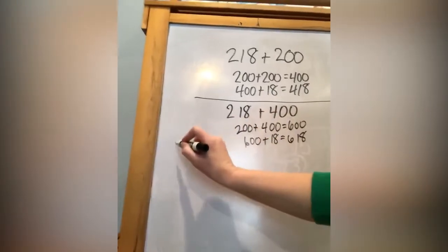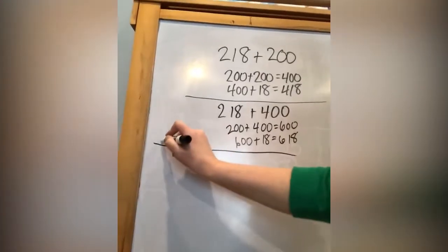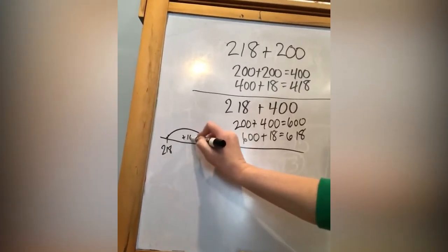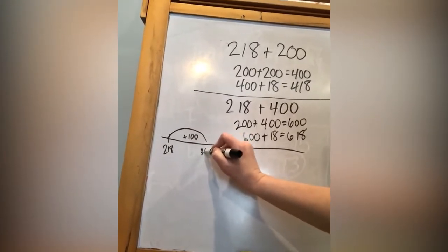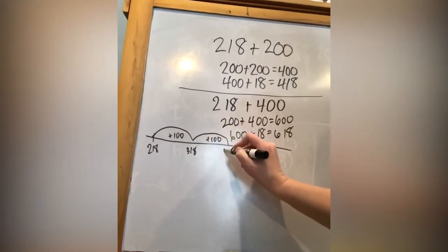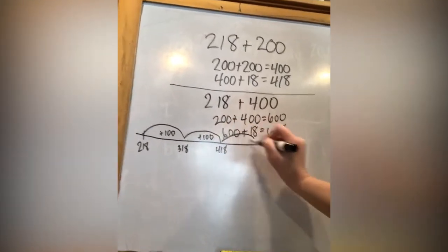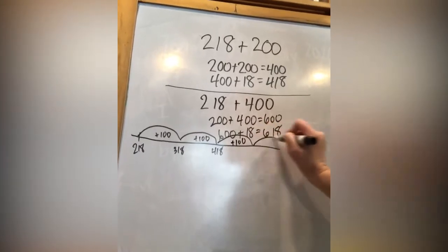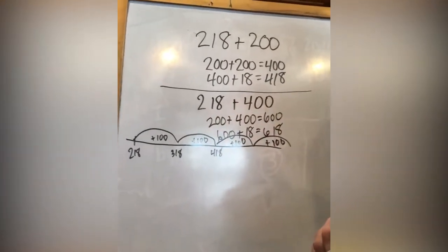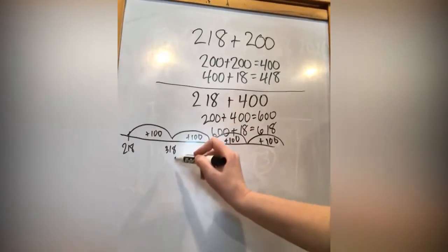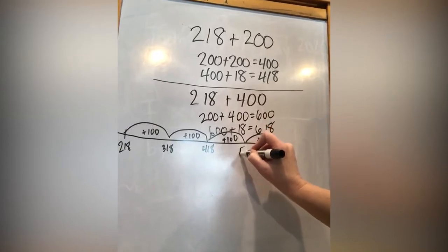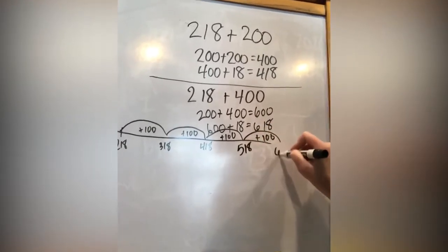And if I was on a number line at 218, I'm really just doing how many hundred jumps? 1, 2, 4. So we can count by hundreds, right? If I start at 218, 318, 418, what would be next? 518, 618.